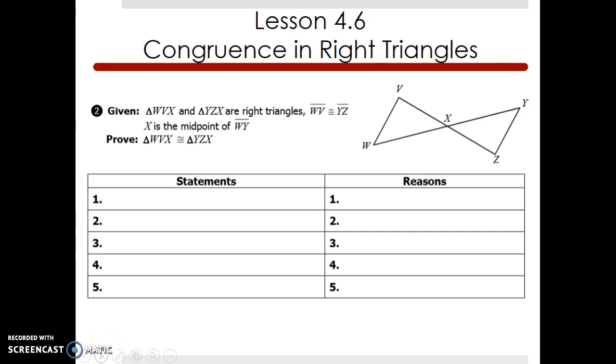So again, this is a blank one. Triangle WVX and triangle YZX are right triangles. That's given, and I'm just going to label it. So WVX is that angle, and Y is this angle.